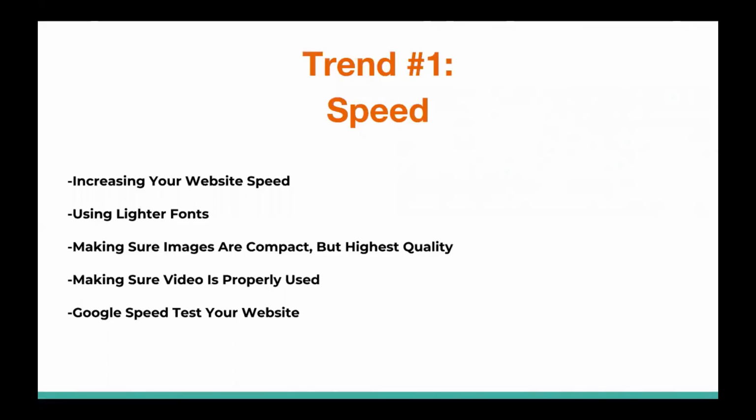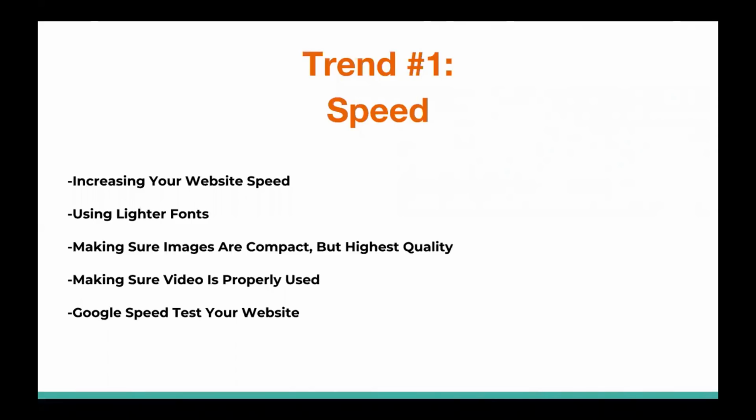So that's another example of small things like that. Is that going to make or break the speed of your website? No, but is it going to help improve the speed? Yes, because the back end doesn't have as much to load when loading your website.